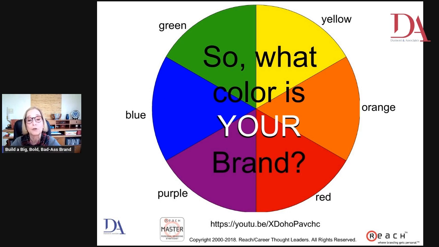Or if they don't, they have red, which indicates passion, drive, a lot of energy. Now, green is emotionally soothing. A lot of counselors and educators use green.